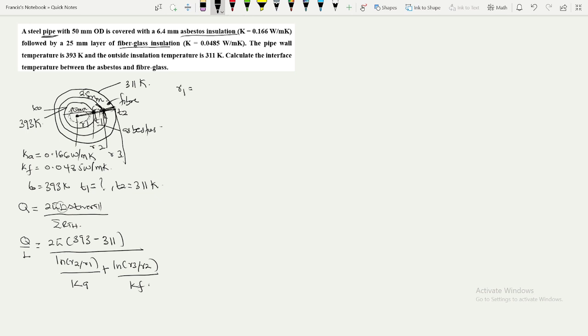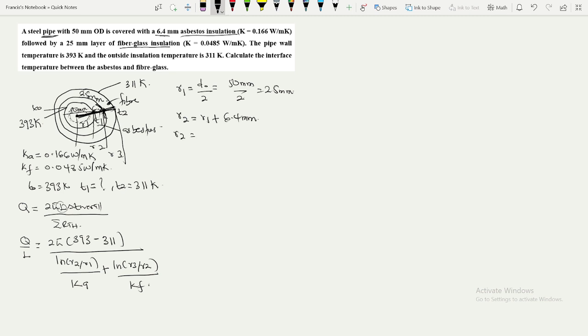Our R1 will be our outside diameter over 2, and that's 50 millimeters over 2, giving us 25 millimeters. Our R2 will be from this point to this point, so R1, from here to here, plus this small layer thickness, which is 6.4 millimeters.